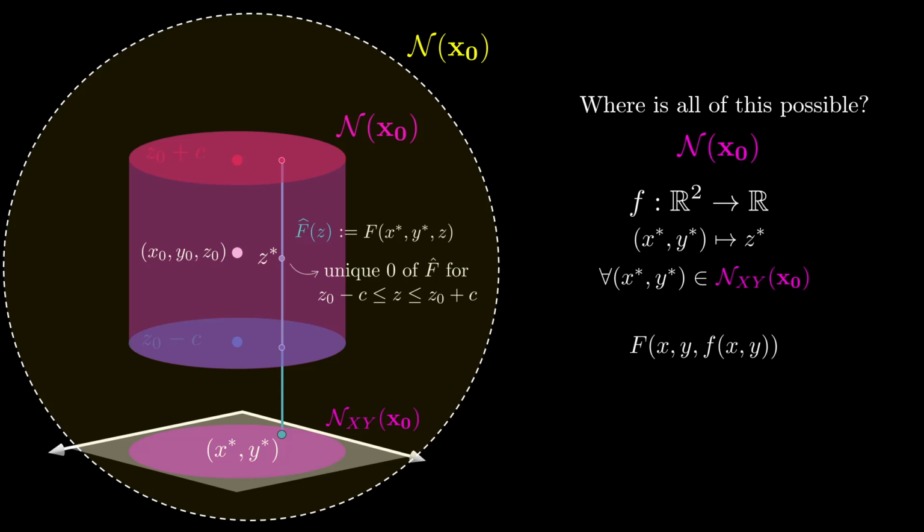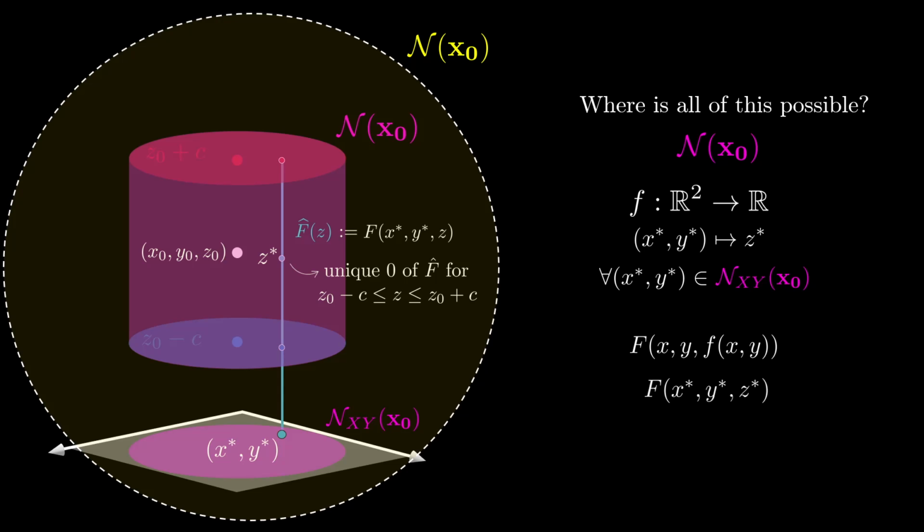So what properties does this function have? Well, let's analyze it. If I make this one big F of x, y and f of x, y, this is equal to big F of x star, y star, and f of x star, y star, just because this is the domain of our function. But what is the value of f of x star, y star? This is simply z star, right? So this becomes F of x star, y star, and z star. But remember, what is z star?